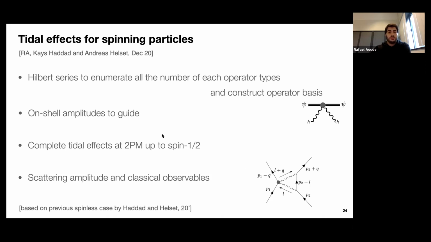Then after that, we compute the tidal effects at 2 PM up to spin half. These diagrams come with all the possible contact terms that you can have here, which is what the Hilbert series gives. And then with this scattering amplitude, we can calculate several possible observables. This was based on a previous spinless case done by Kays and Andreas.